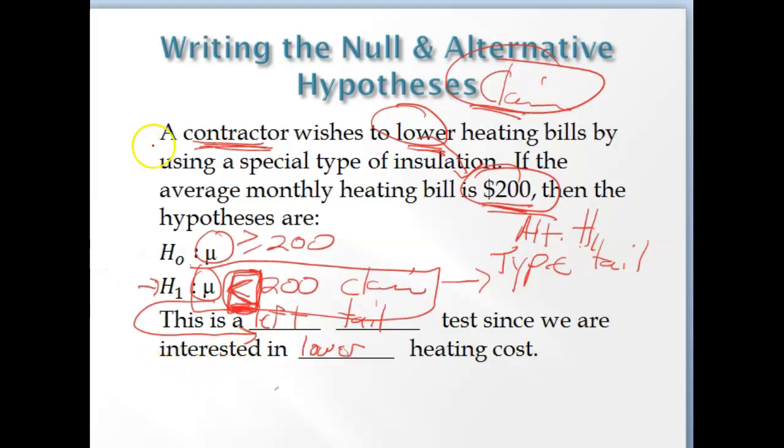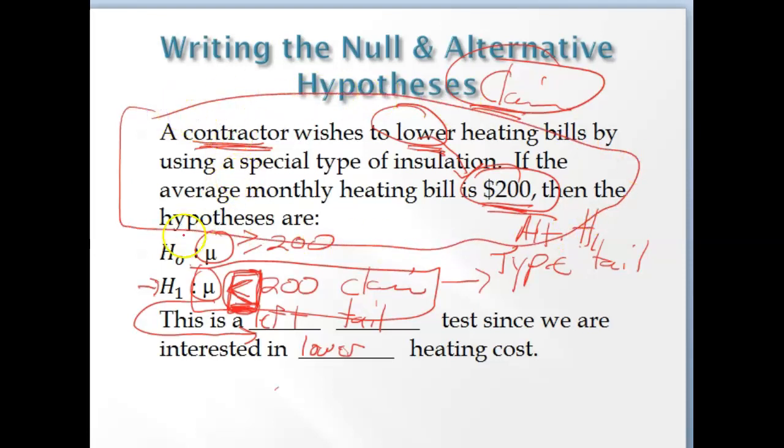But again, the easiest way to decipher and determine what the null and alternate hypotheses are is to identify your claim first. Once you identify your claim based upon how it reads, then you're going to decide whether that claim is the alternate or the null hypothesis.